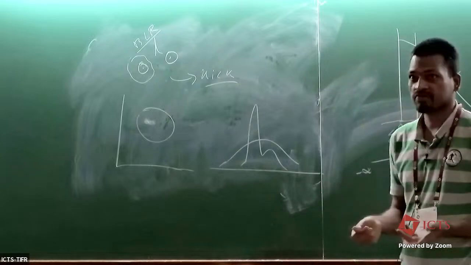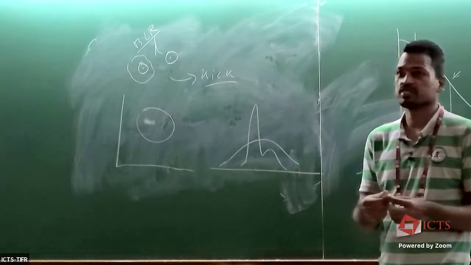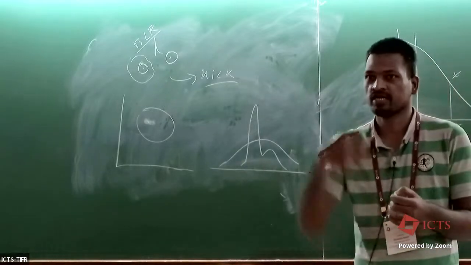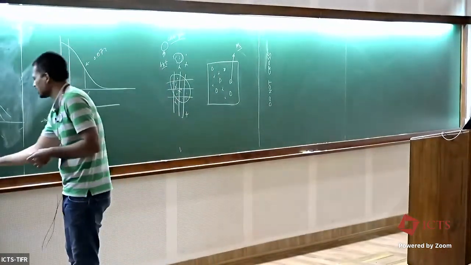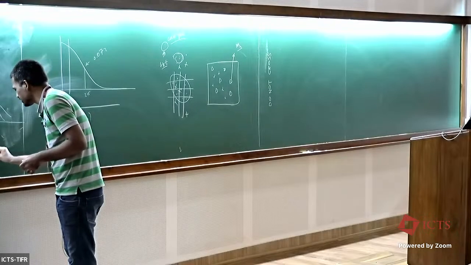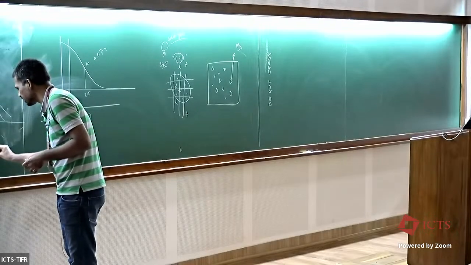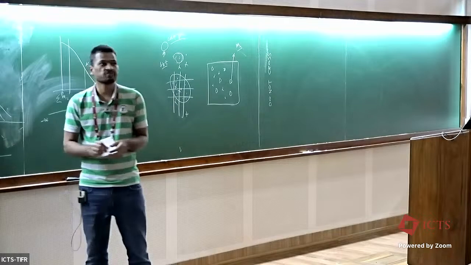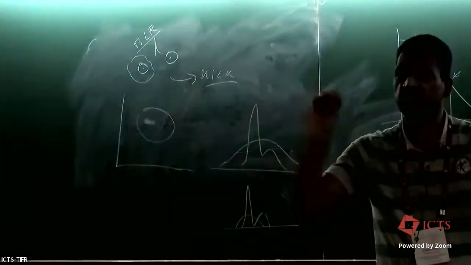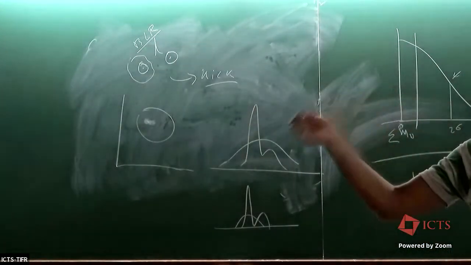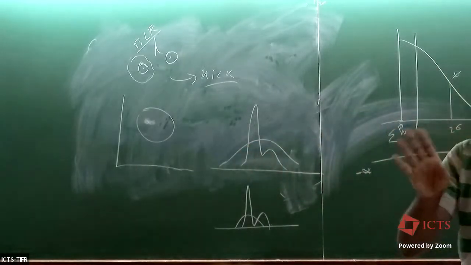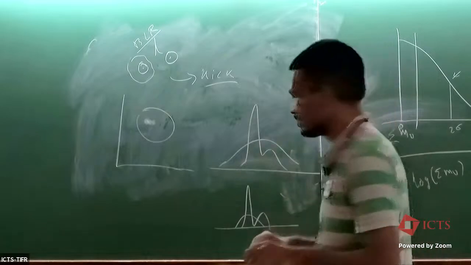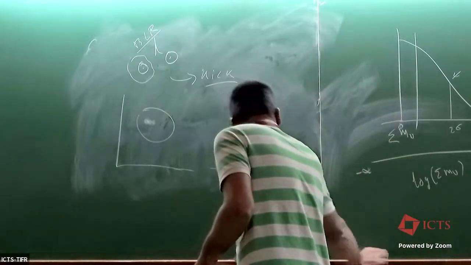If there is a kick velocity with any component along the line of sight, because this is what we are sensitive to, this broad component is going to get a redshift compared to the narrow component. So it's going to get shifted. If you have a very precise measurement in spectroscopy and can model the narrow and broad components, you will be able to measure the difference in redshift, and the difference in redshift will quantify what the kick velocity looks like.